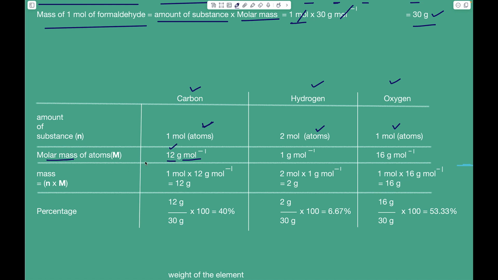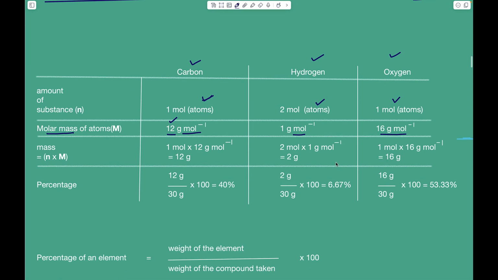So the molar mass of carbon atoms is 12 grams per mole. Similarly, for hydrogen, atomic weight is approximately 1. So its molar mass is 1 gram per mole. And the molar mass of oxygen similarly is approximately 16 grams per mole.